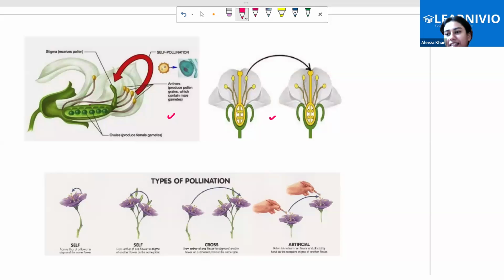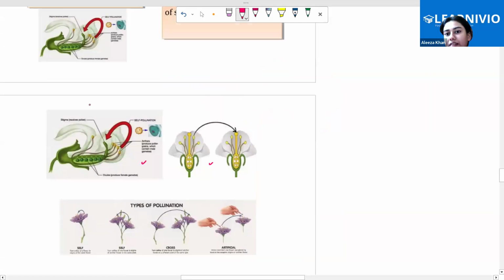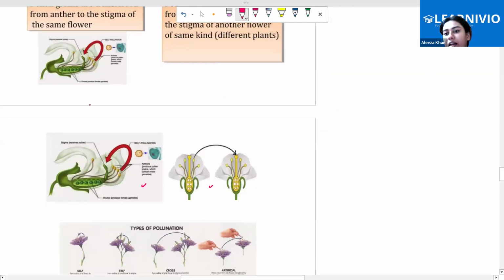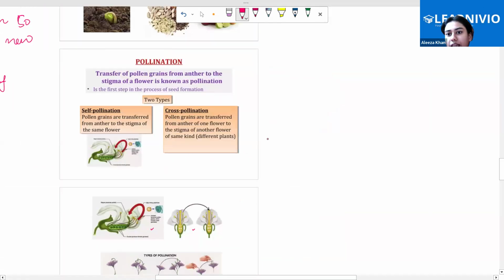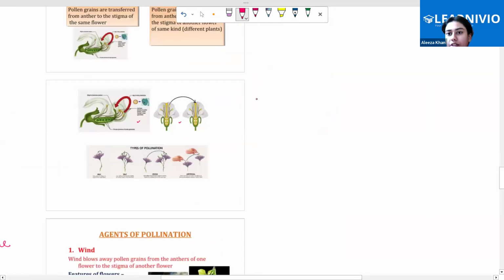Now you are correct, because both the male and female parts are within the same flower. That's why we call it a bisexual flower. In the second case, they are in different flowers. That's why we call them unisexual. Got it? So what do you mean by the term pollination?